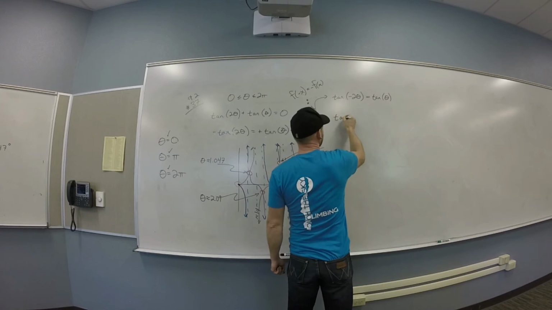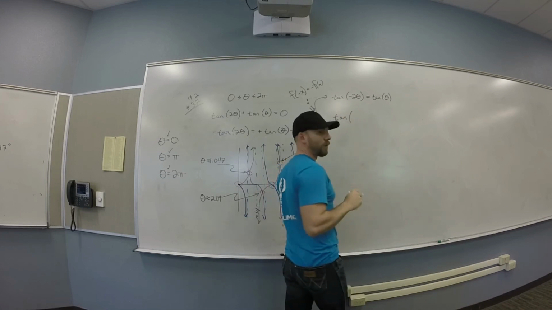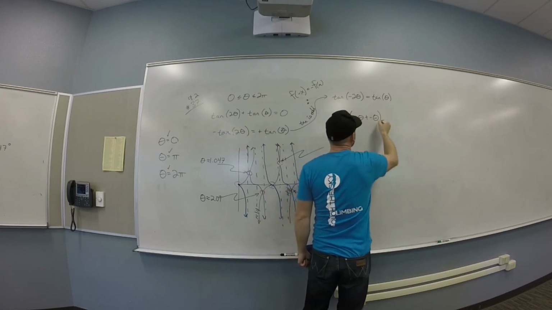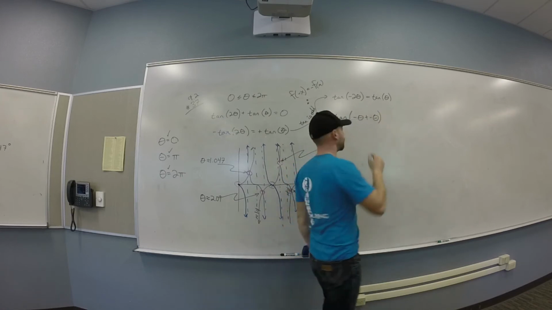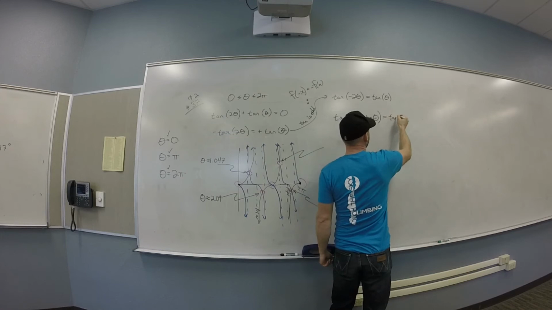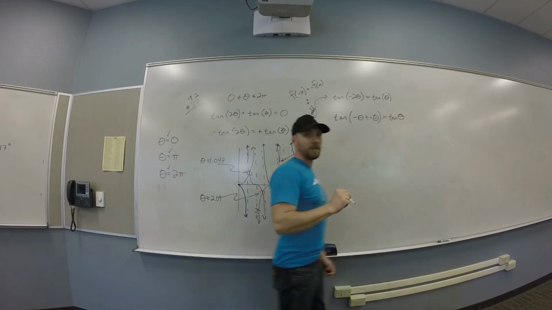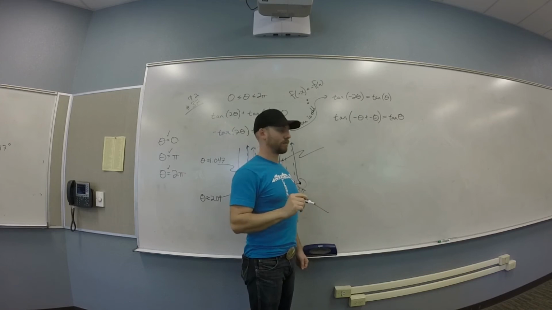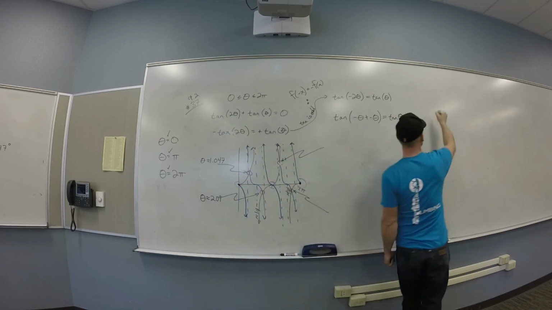Let's try this. Let's think about tangent of minus 2 theta as tangent of minus theta plus minus theta. And then we could use the sum of angles identity for tangent, which says what?